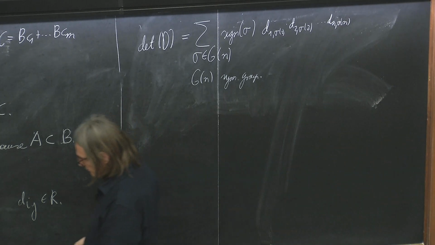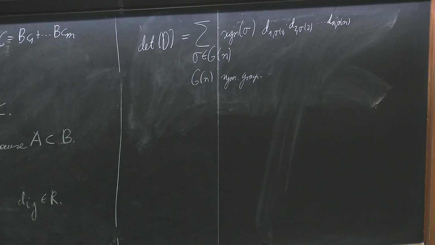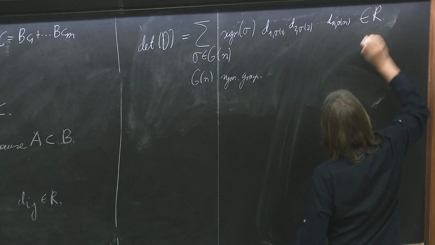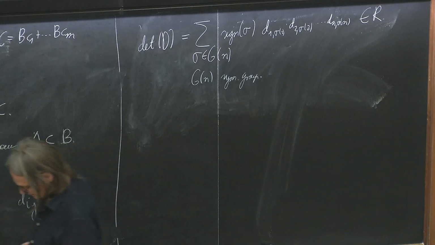So all possible ways of combining these. This is an element in R. So what does it have to do with our problem?